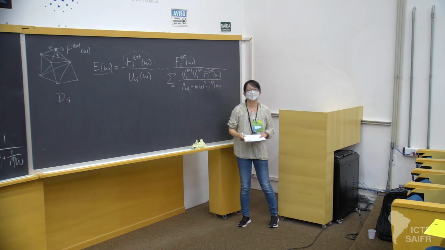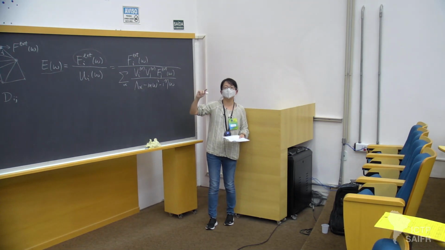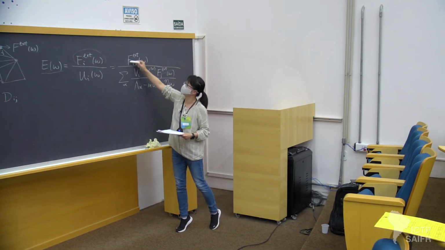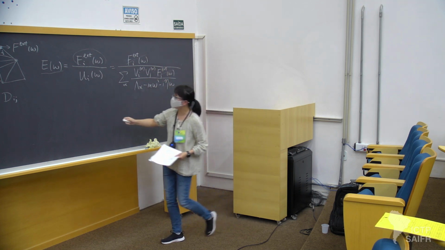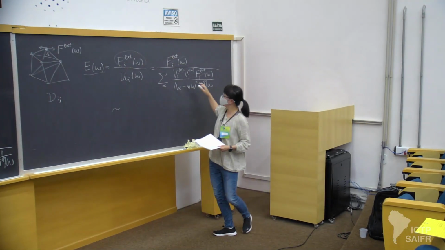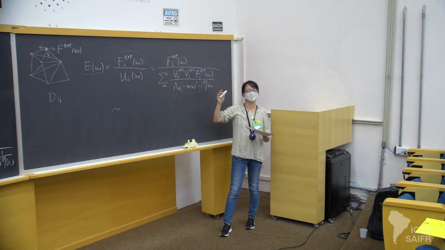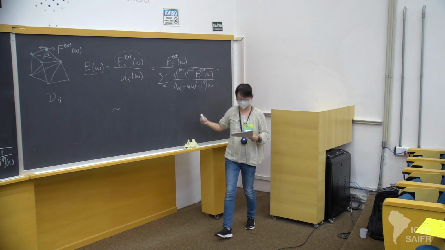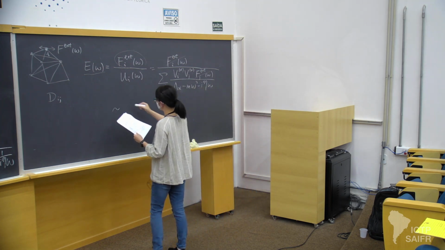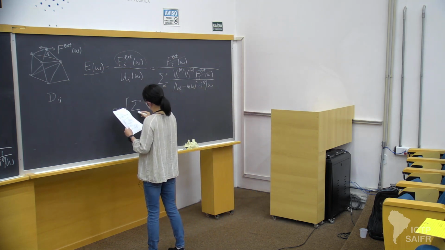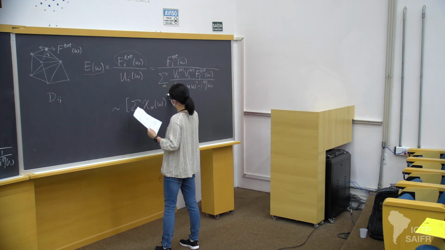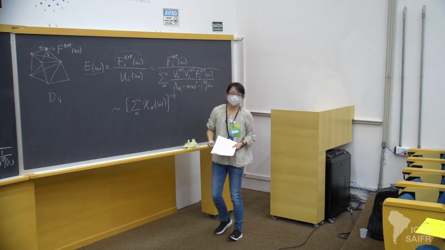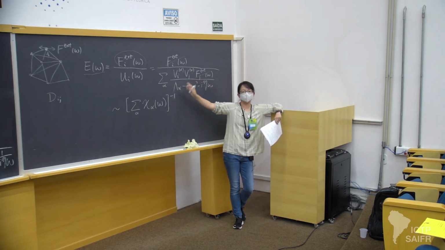Okay? And then if there is only one site that is being shaken, these two just cancel out, right? It's just one force. And then what you get is, basically, remember, this quantity is just that response function, right? What you get is roughly the response function of each of the modes added up and then take inverse.